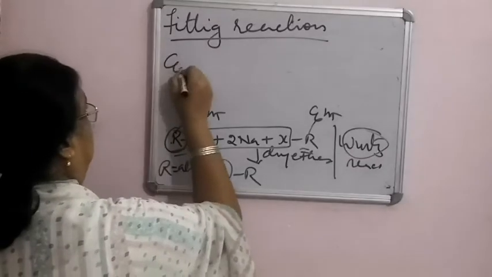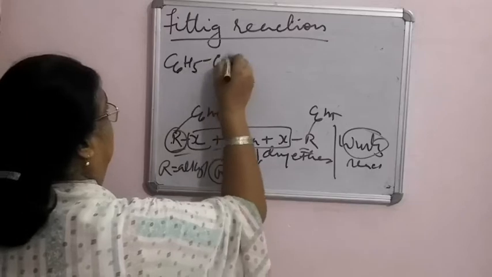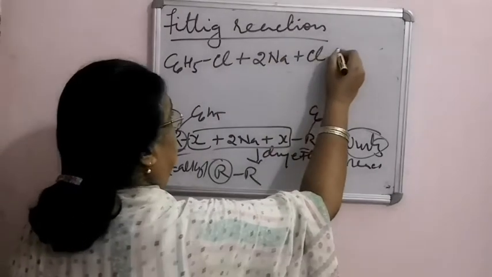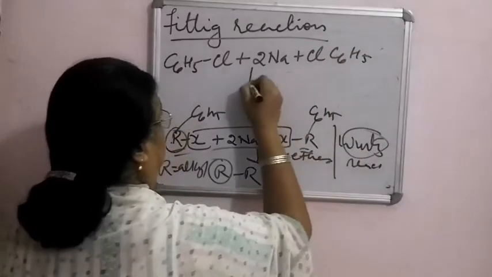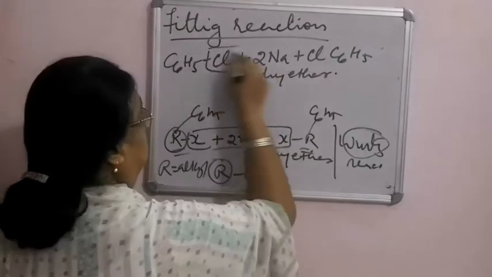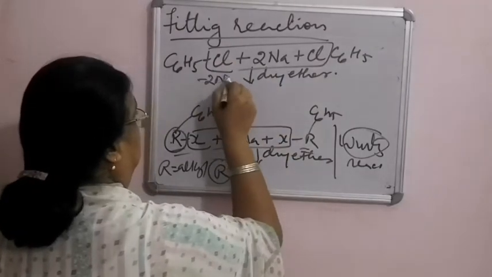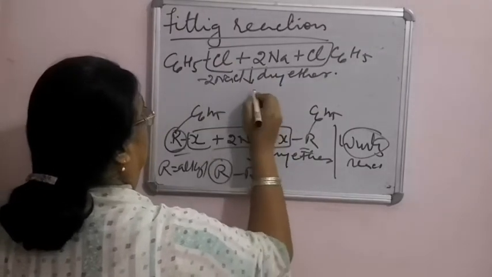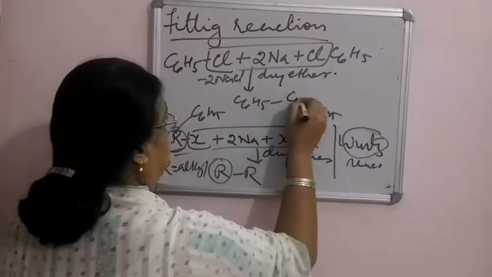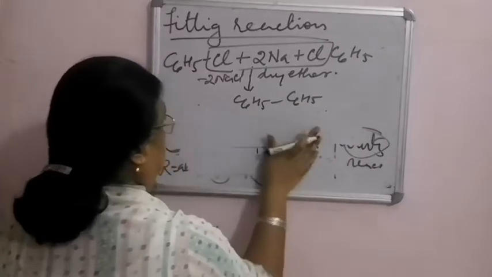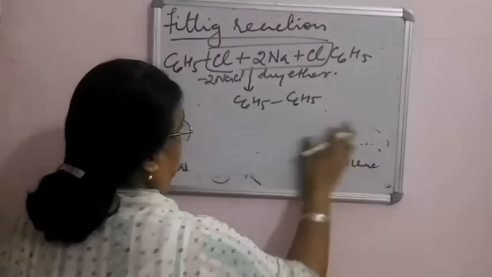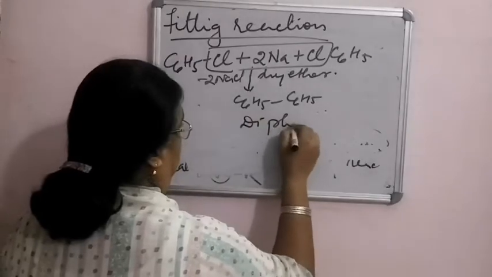So for the Fittig reaction, C6H5Cl plus 2Na plus ClC6H5 in dry ether, you will get 2NaCl out, and you will have C6H5 bond C6H5, which is diphenyl.